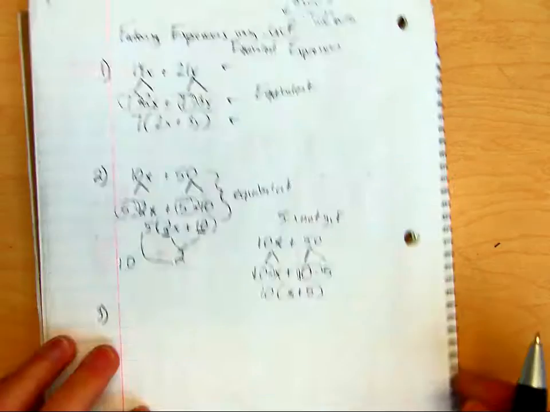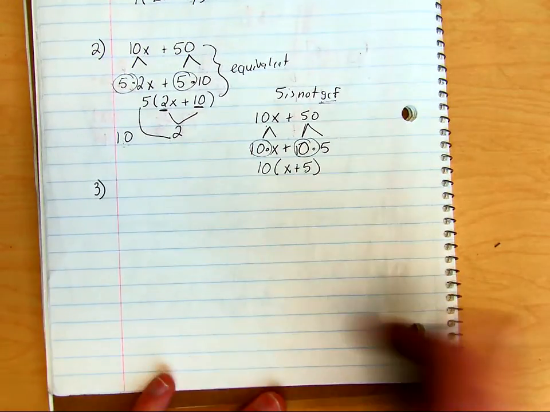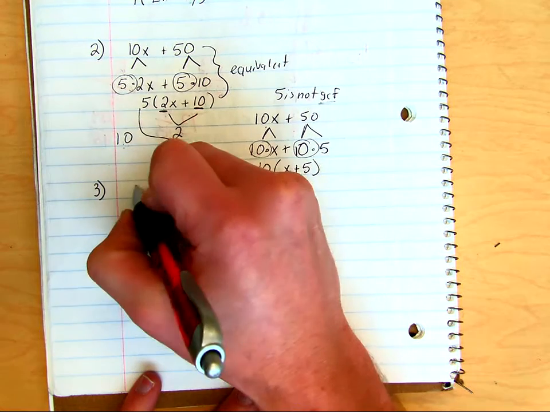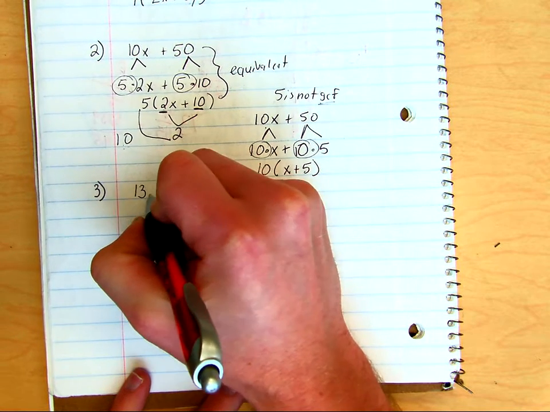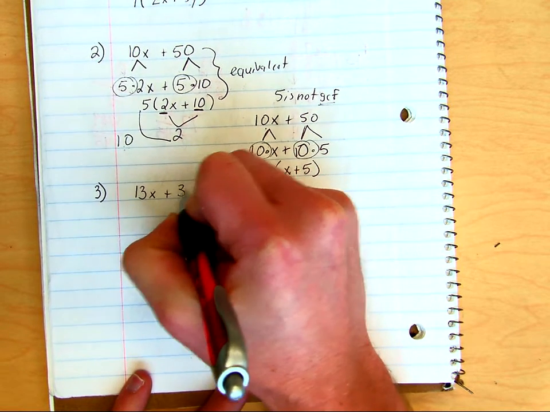Let's do 2 more examples. So maybe I say 13x plus 39y.